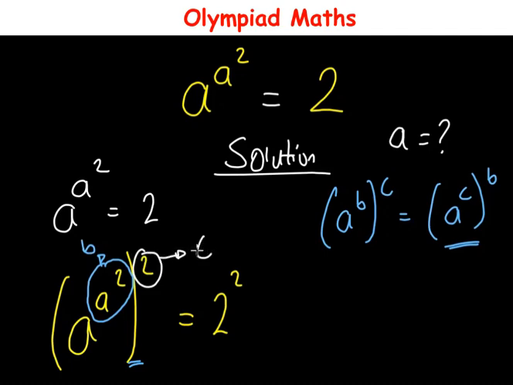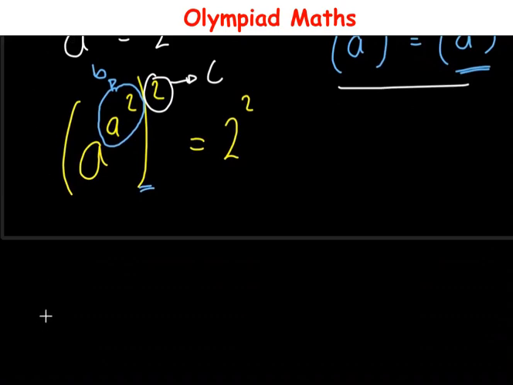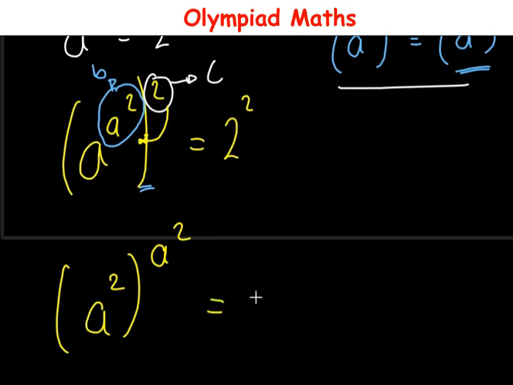To make this resemble the format, power c will come inside and power b will go outside. So we have, in brackets, base a, then power c, which is 2, goes inside, raised to power 2, close bracket, power b, which is a raised to power 2, goes outside. We have a raised to power 2 is equal to 2 raised to power 2.